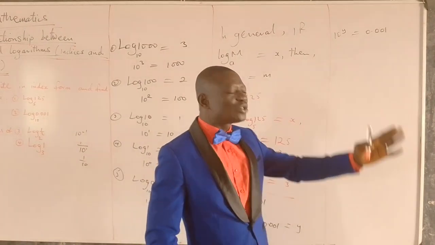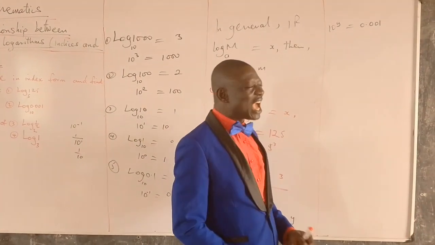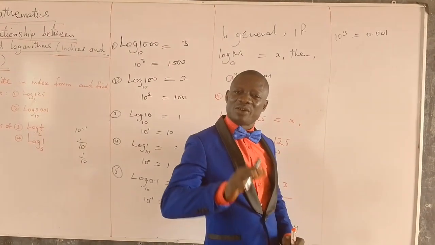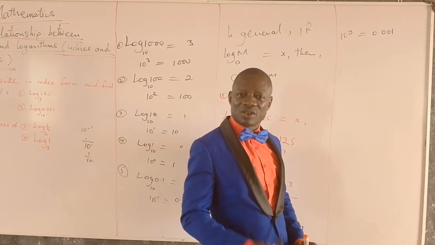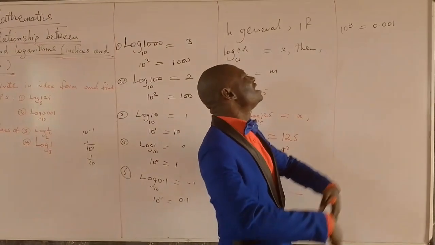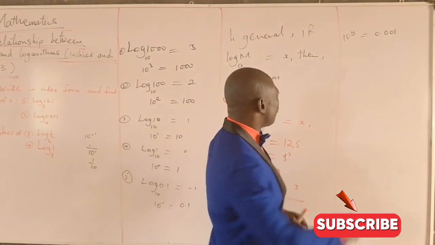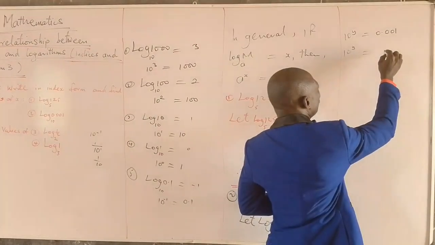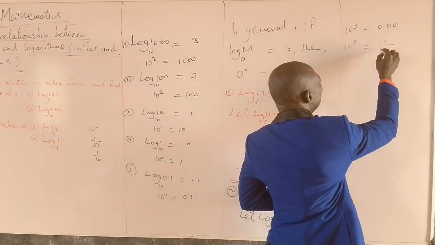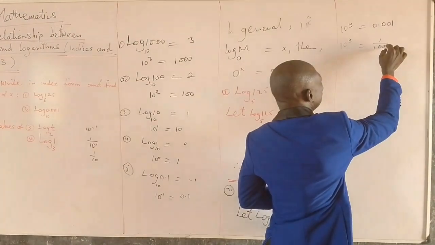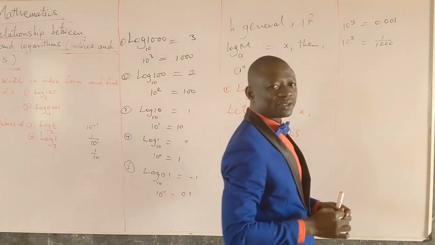Remember in all the laws of indices we did, there was no law that has a decimal. So whenever you have a decimal and want to work questions using the laws of indices, change it to a fraction. Therefore, 10 raised to the power y will be equal to 1 over 1000.